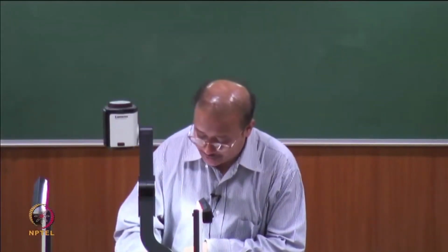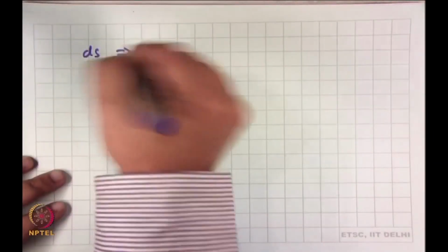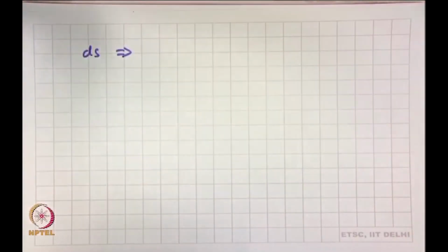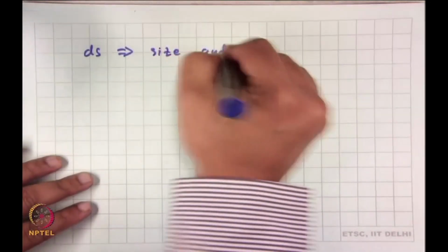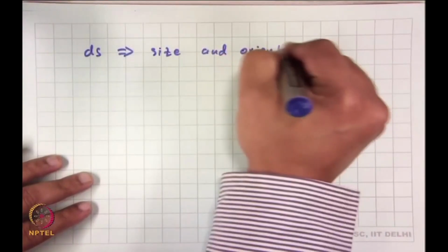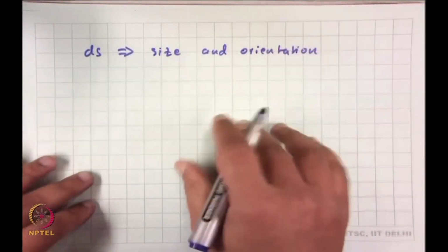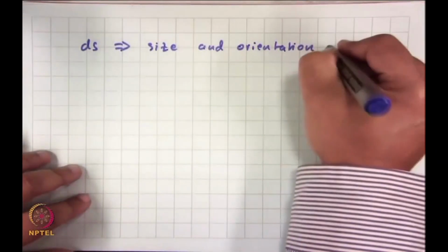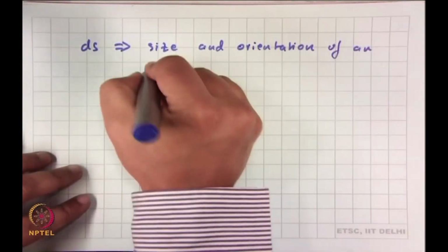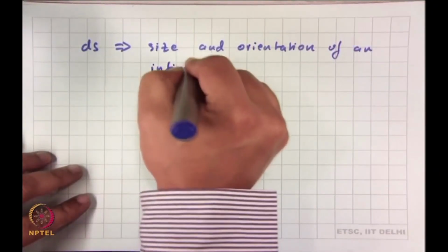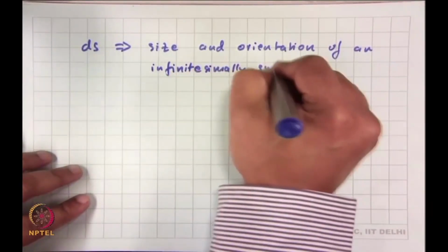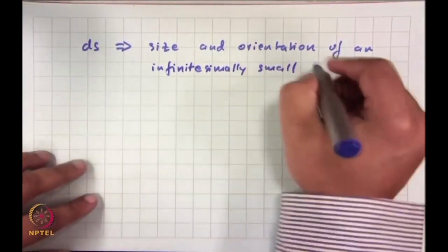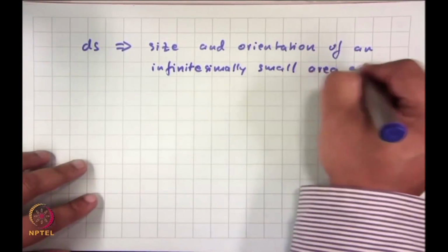So, then what is ds? This is how ds is defined. It is the size and orientation of an infinitesimally small area element.